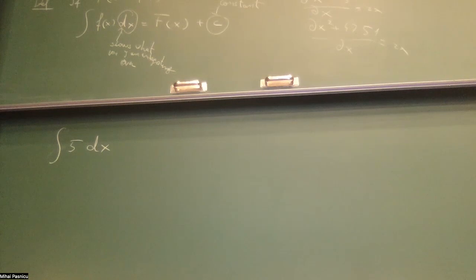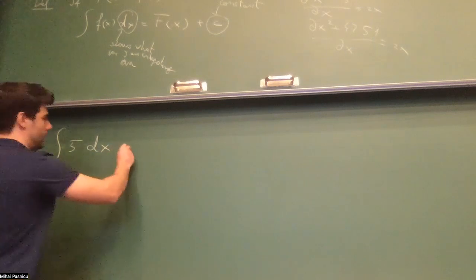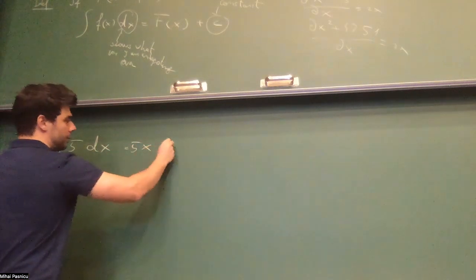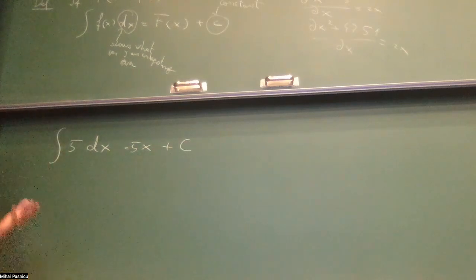So when I say integral of 5 dx, I'm basically asking you, what if I take a derivative that gives me 5? Exactly. And the answer here is just 5x plus a constant. Right?